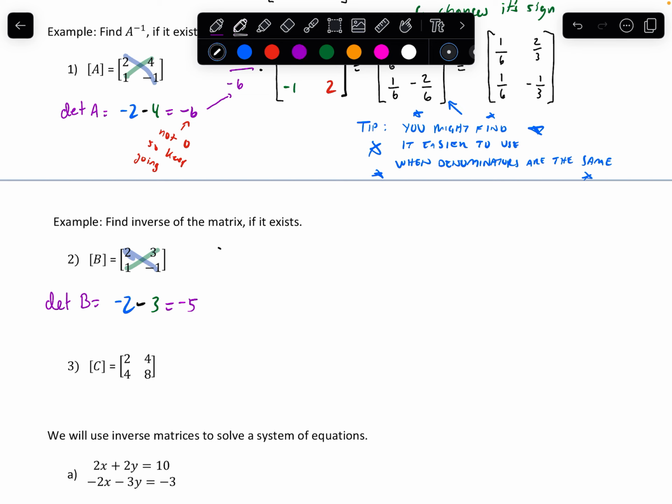So the inverse of B will be equal to 1 over the determinant, so 1 over -5, times, so again, A and D swap places, so we got -1 and 2, and then the 3 is going to change signs, and the 1 is going to change signs, so I got -3 now, and then -1 now.